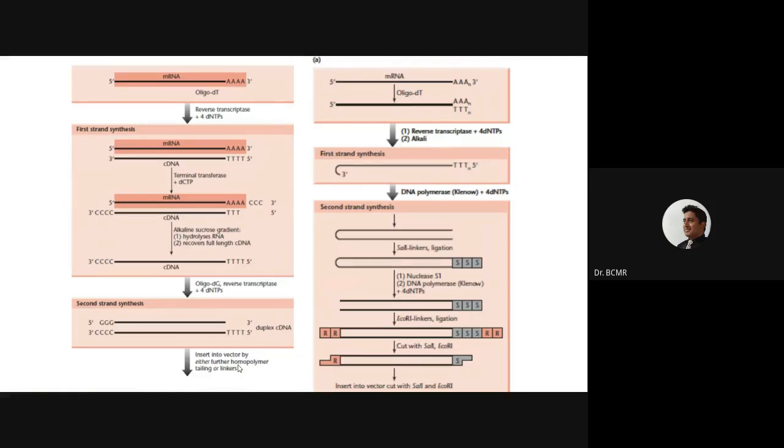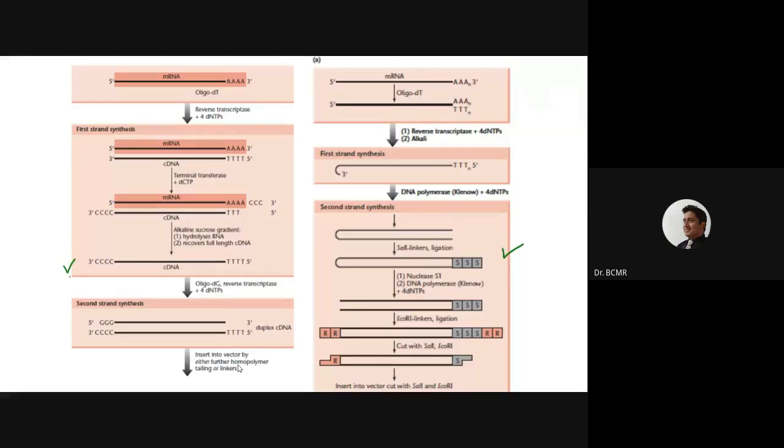So I hope this is the same thing as what we have seen before. We don't have to repeat. In this case, we have directional cloning. And in this case, we have full length. Here, the thought process is about how to add two different linkers on either side.